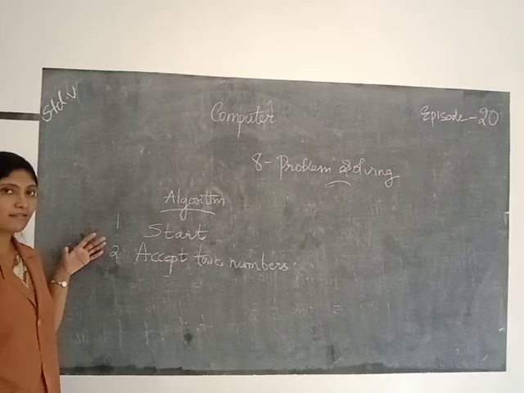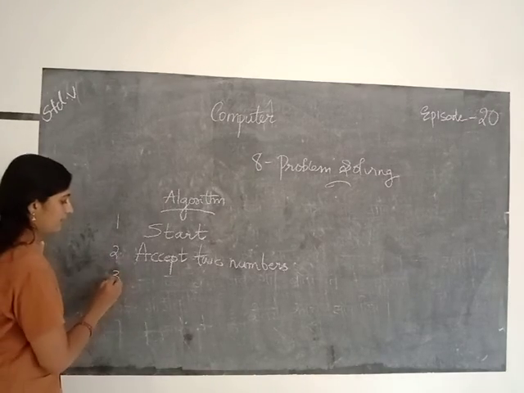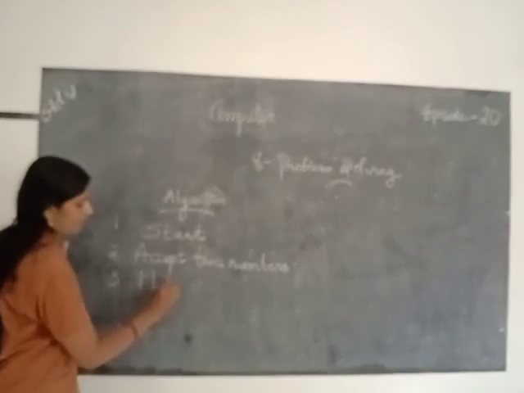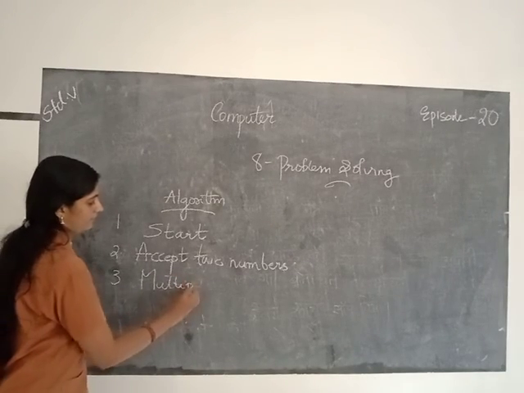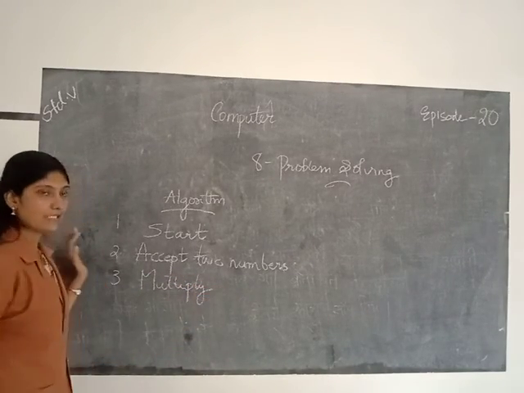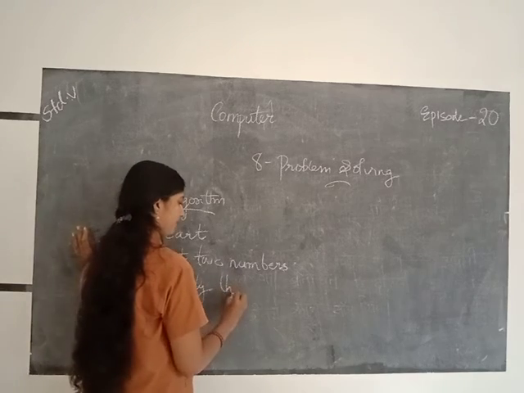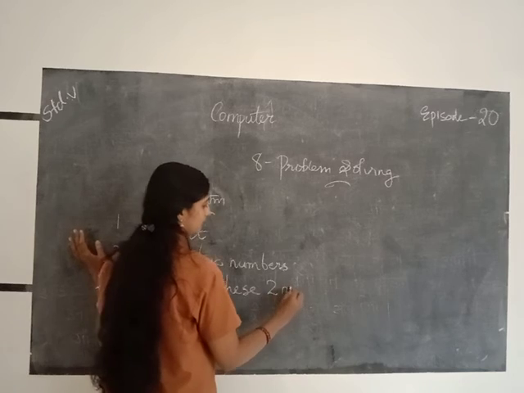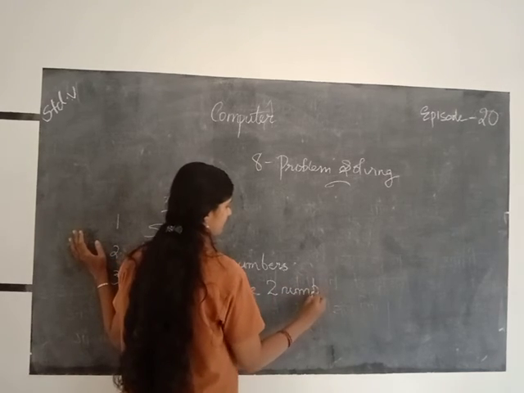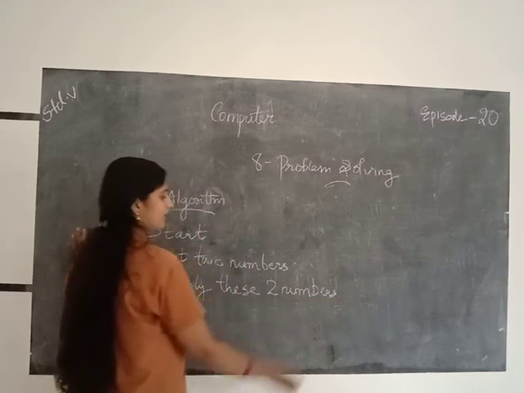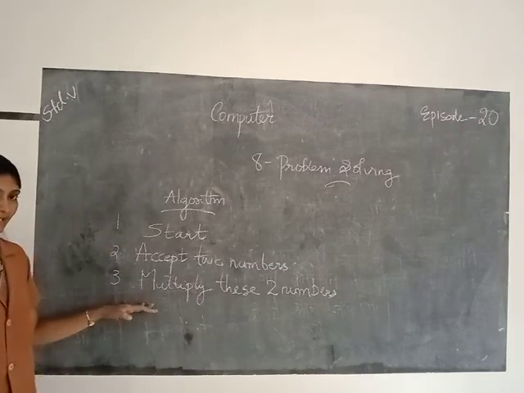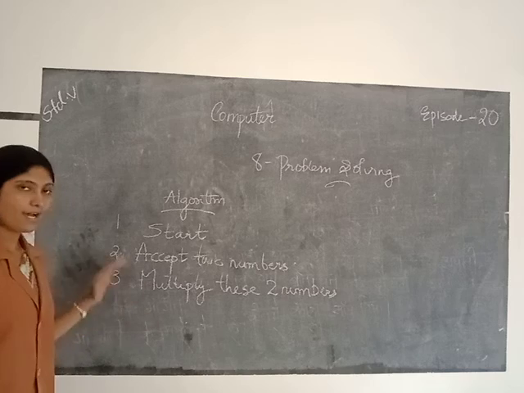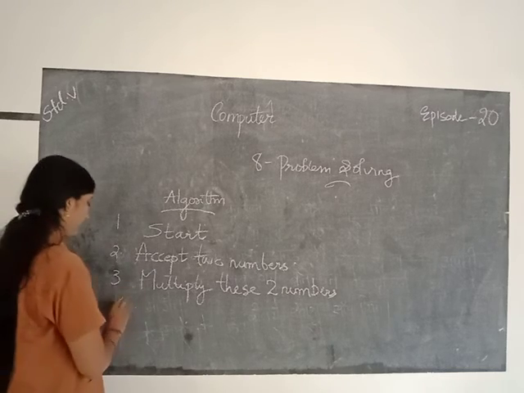Here calculating the result means finding the product. Multiply these two numbers. Then check the condition. If the result is greater than 50, then print yes. Otherwise print no.